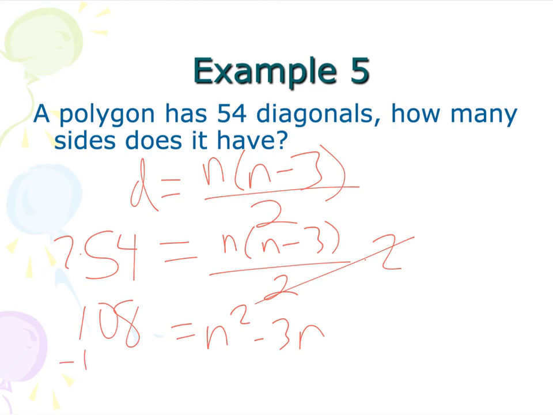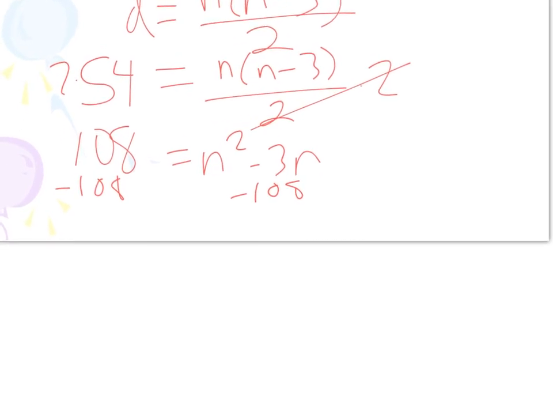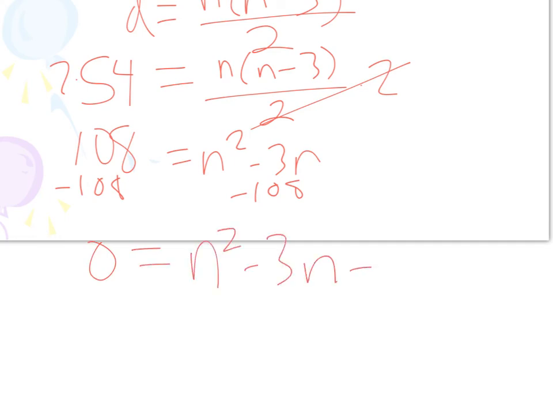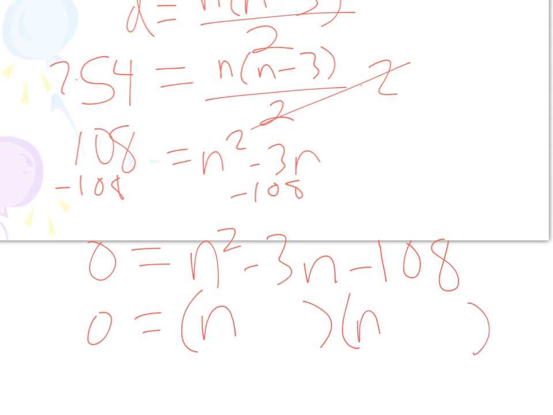I'm going to subtract 108 from both sides. And now I get to do this awesome thing called factoring to solve. I have 0 equals n squared minus 3n minus 108. So what two numbers multiply to 108 and add to 3? My goodness, 108 is a large number. I need to figure this out ASAP.